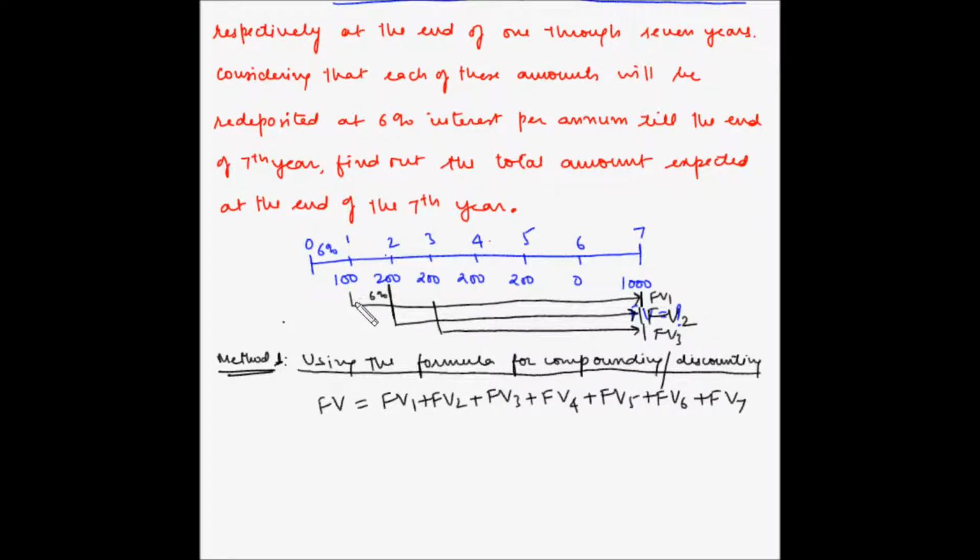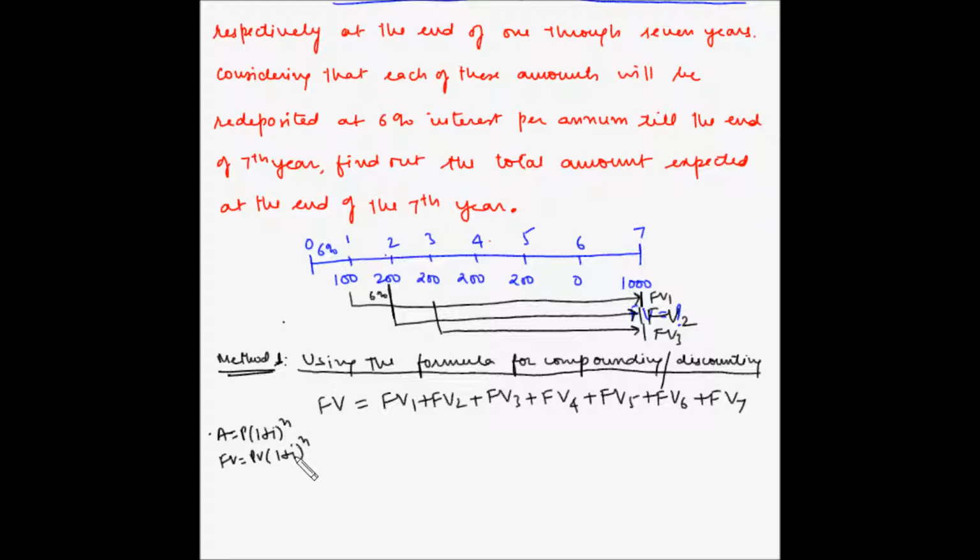Now each of these cash flows create a case for compound interest. So the formula for compound interest is A is equal to P into 1 plus I to the power n. This can also be written as future value is equal to present value into 1 plus I to the power n.